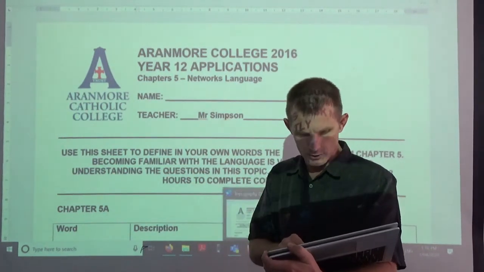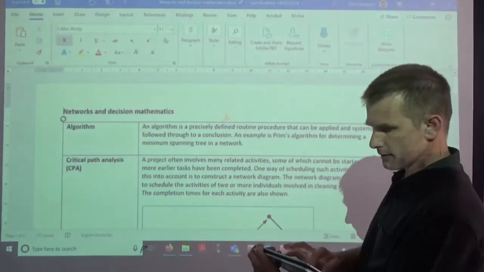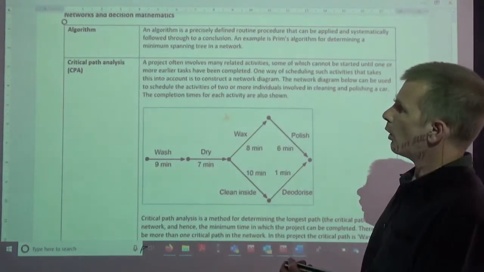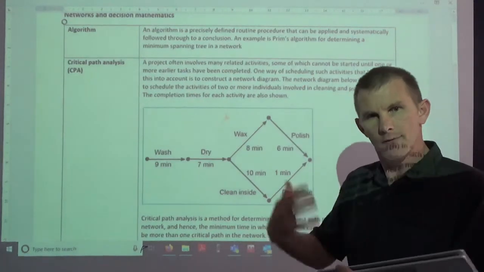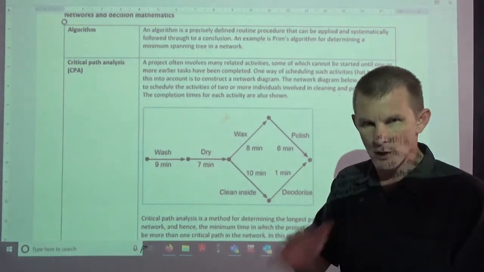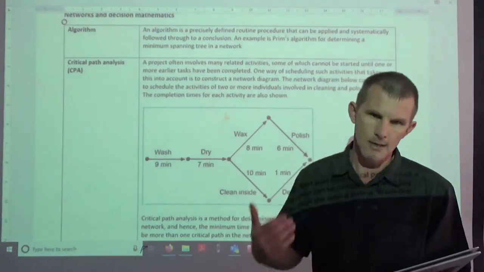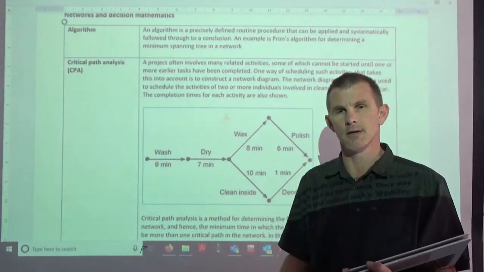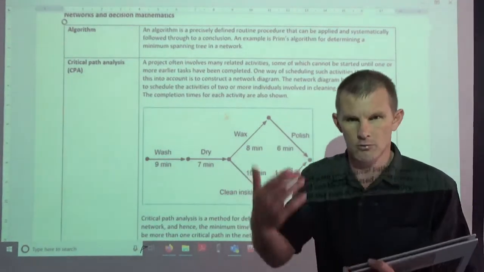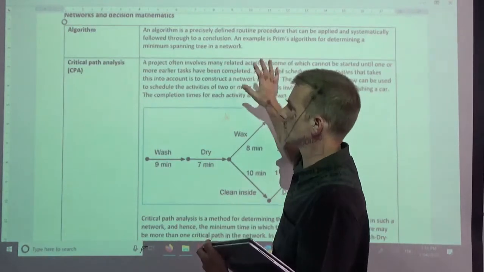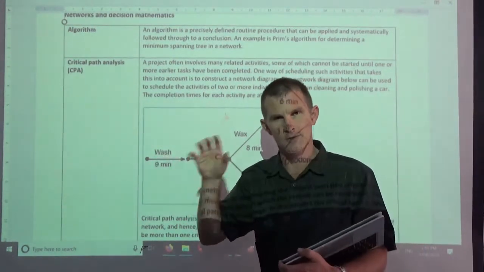Here are some of the things from the decision-making mathematics part of the glossary of your syllabus. If you don't know where your syllabus is, please email me, chris.simpson@siwa.edu.au. I'll show you where it is. This is the information from that part of the syllabus, from the glossary.